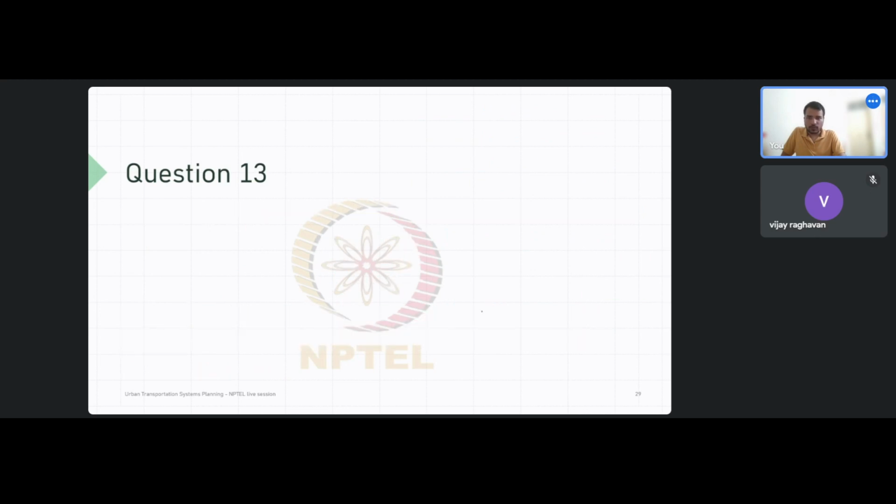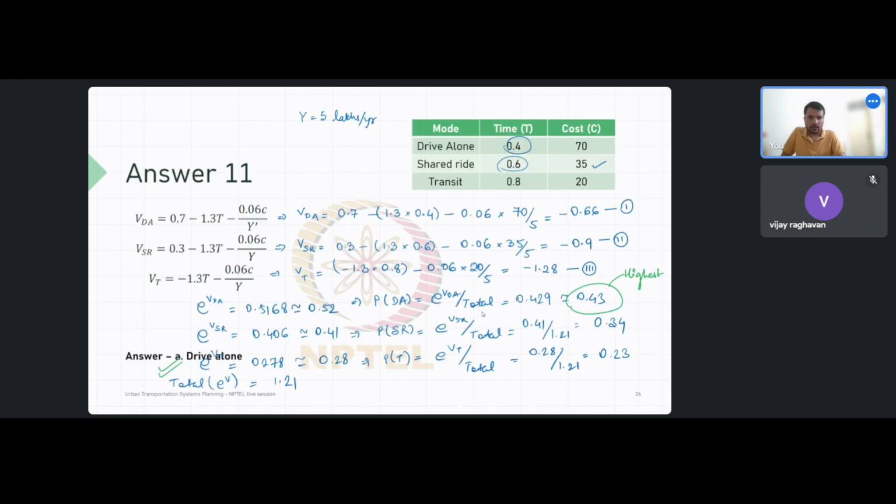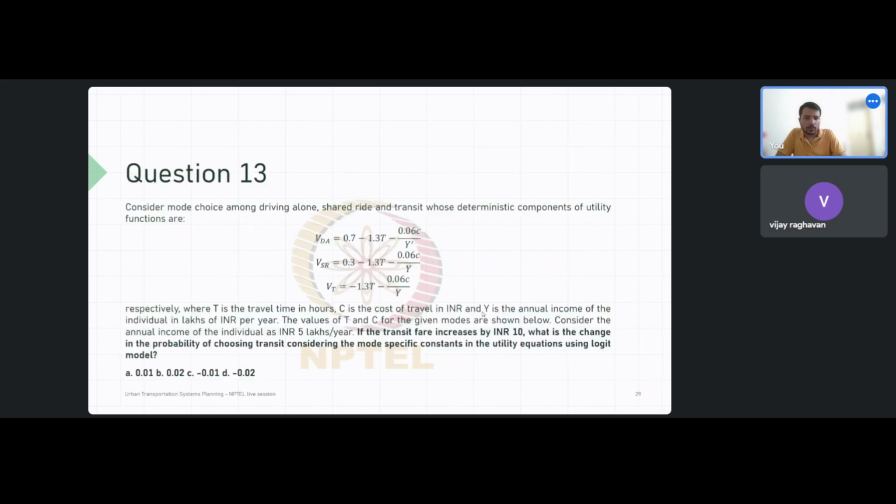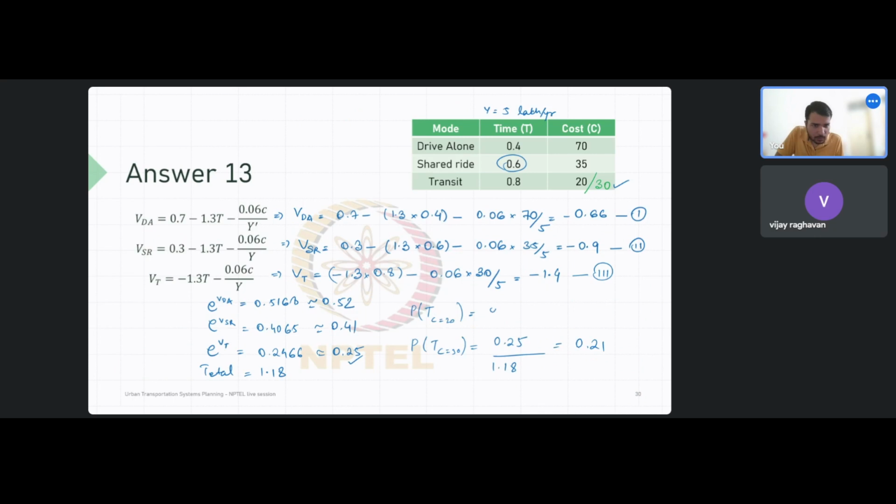So let's go there. In question 11, we got the probability of transit as 0.23 with the original cost. So this is the original probability, 0.23. Now we have to find the change in probability, delta P. It will be Pt when cost was 30 minus Pt with the original cost 20. This will be 0.21 minus 0.23, which is minus 0.02. That is the answer.